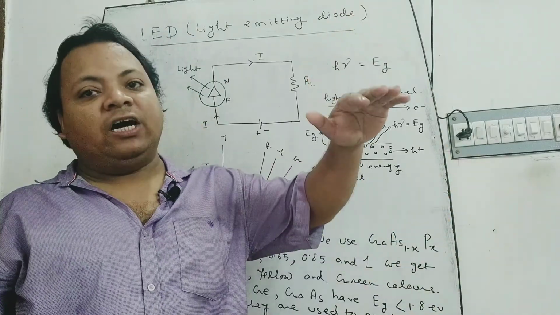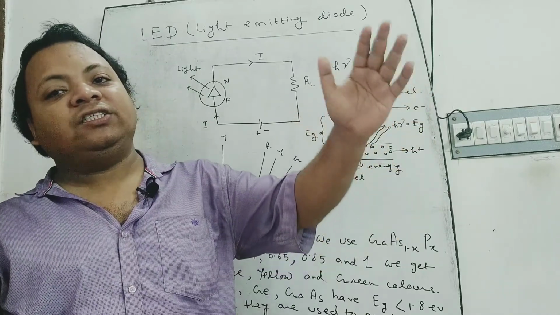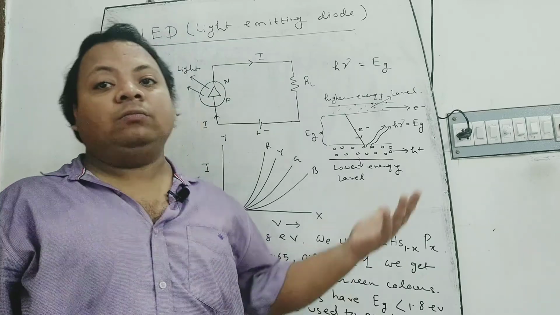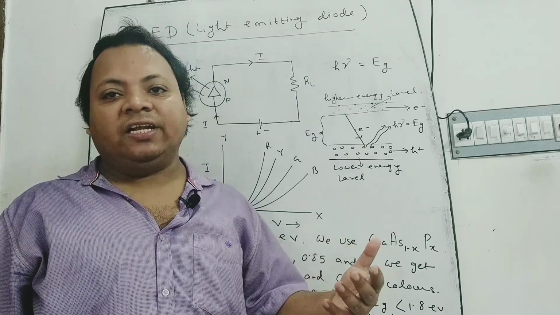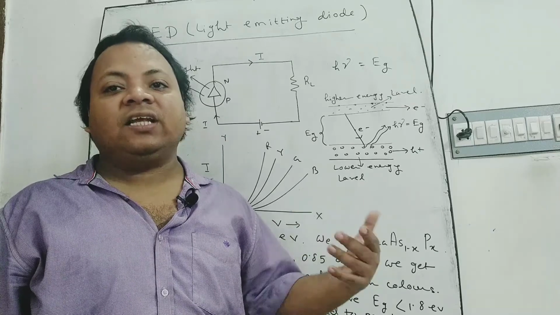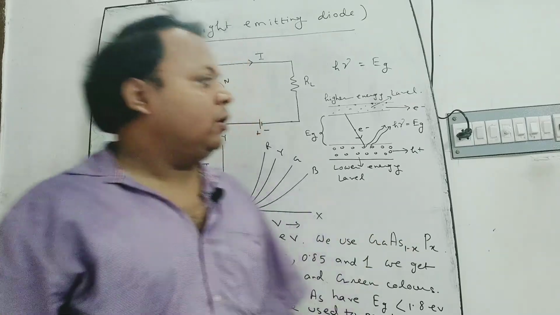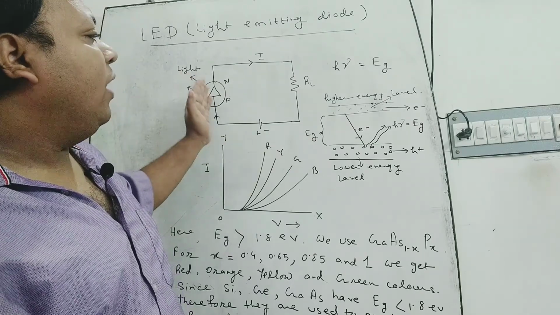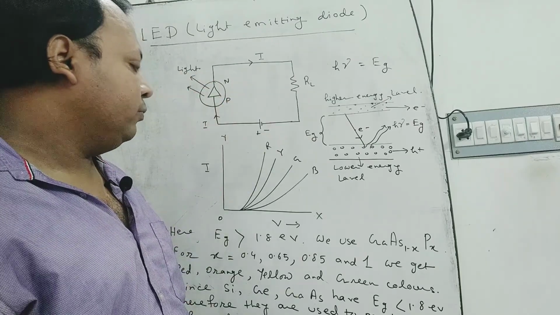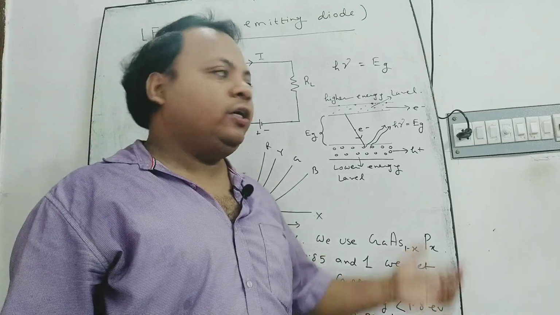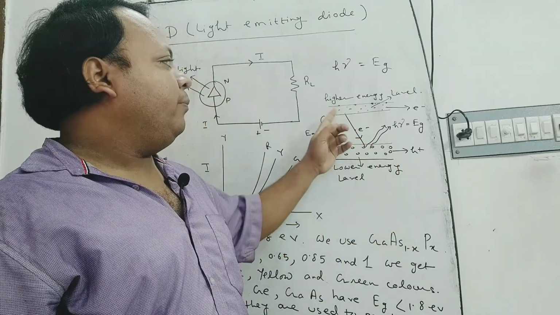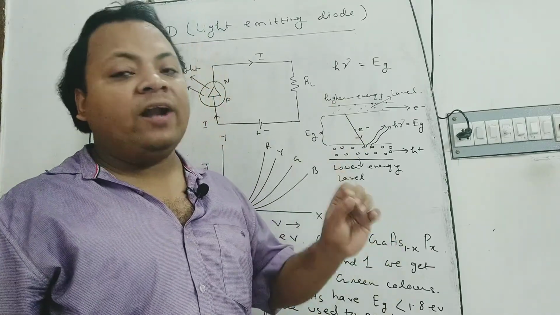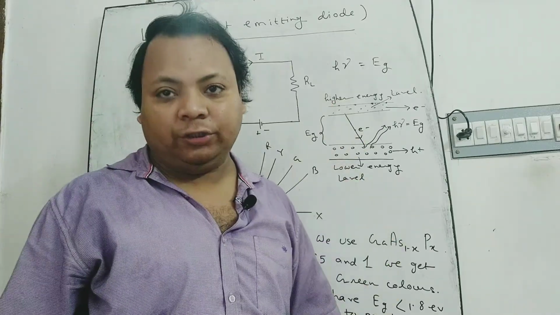After that, they jump from the high energy level to the lower energy level and emit some energy. This energy we get as light energy. That's why this is known as LED, or light emitting diode. To get light, the minimum energy gap between the high energy level and the lower energy level is 1.8 electron volt.